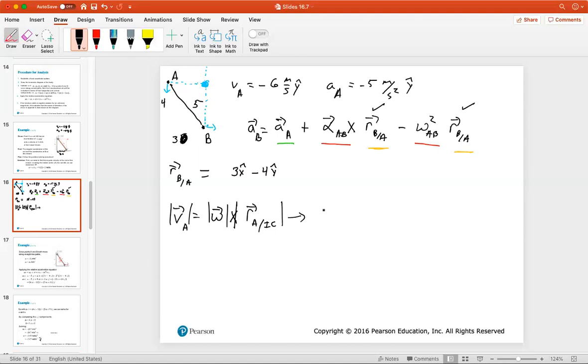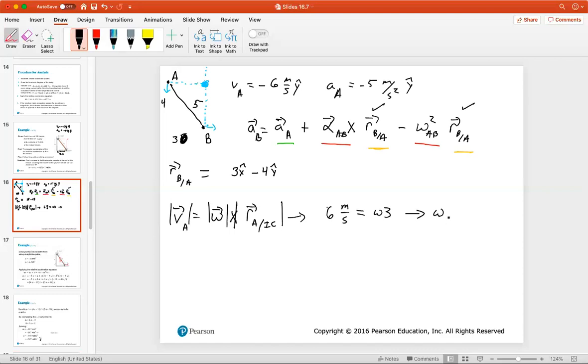And this tells me that I have 6 meters per second equals omega times r A, the distance here. Well, that's the distance from the center to A, that's just 3.